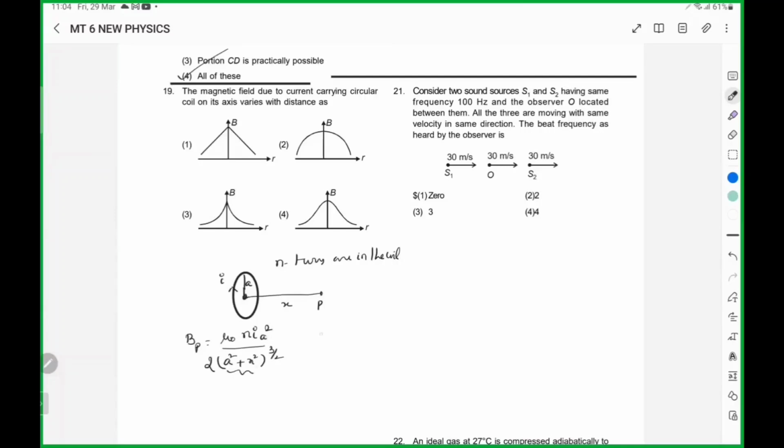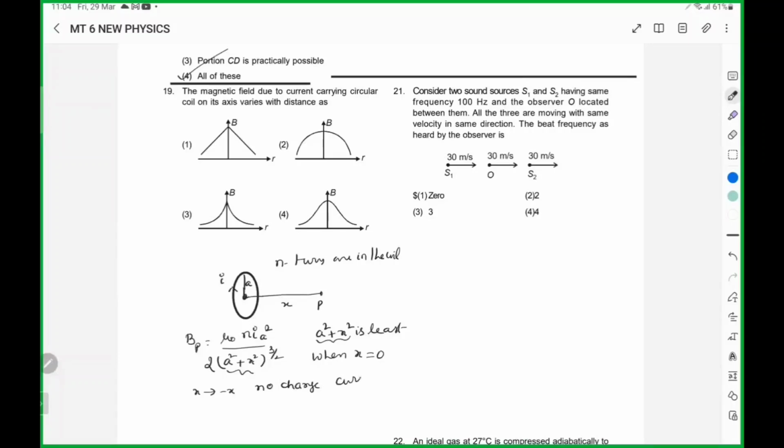So a squared plus x squared is least when x is 0. If x is not 0, a squared plus x squared will be more. When a squared plus x squared is more, the denominator is more, so the magnetic field becomes less. Since replacing x by minus x gives the same x squared, there is no change.